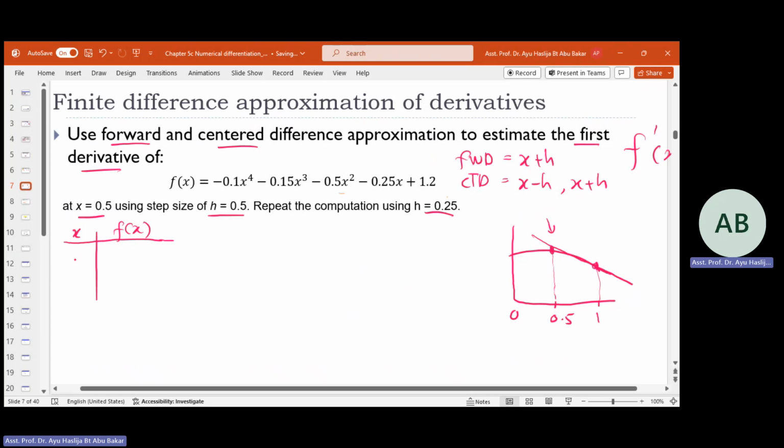So here, x is 0.5, x plus h is 1. x minus h, what is the value? 0, right? Then you need to find the fx value for these x using the given function.